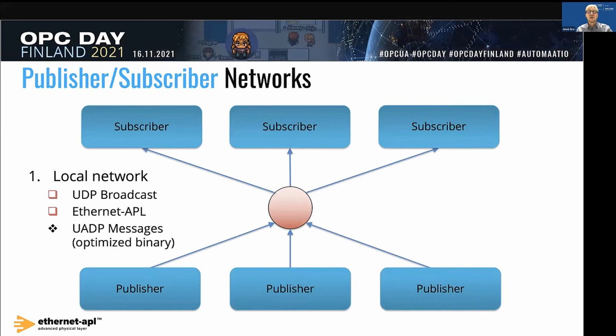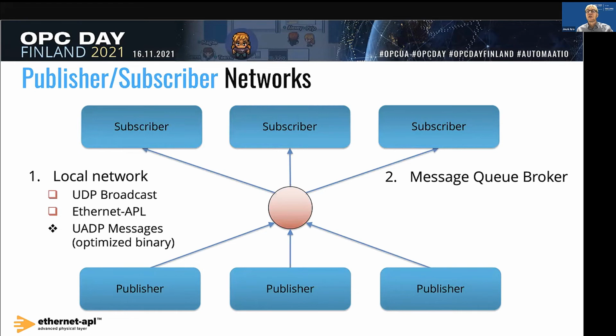And as Georg mentioned, with TSN, this network can also extend to real-time capabilities for deterministic behavior, but that comes automatically from the network. So at this level, we're just using UDP or Ethernet APL for the messaging.